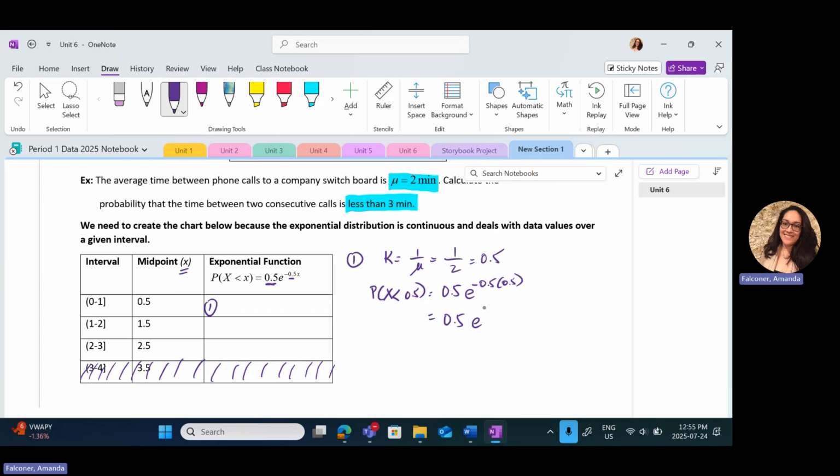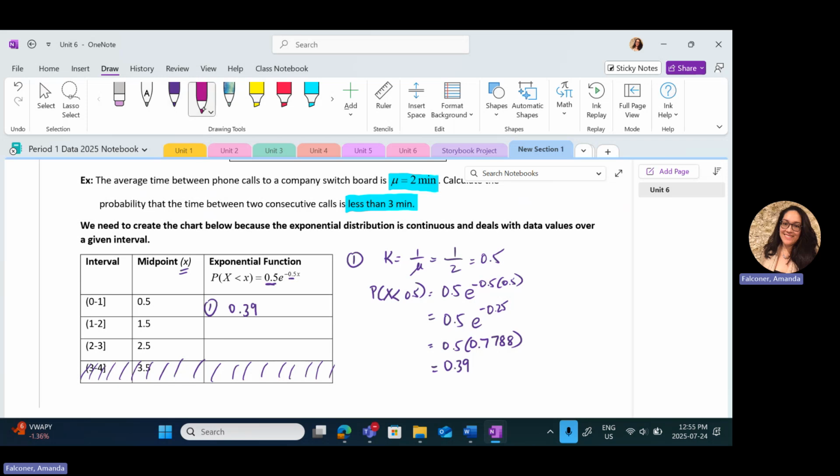We're going to multiply in the exponents first to get negative 0.25. Then we're going to evaluate Euler's number and try to keep all the decimals if you can. So make sure you know how to use that button for Euler's number. I'm just going to write it rounded to 4 decimal places there, but I'm leaving it really in my calculator. So my answer for that first case is 0.39. That's going to be our likelihood of being in that particular interval from 0 to 1 minute.